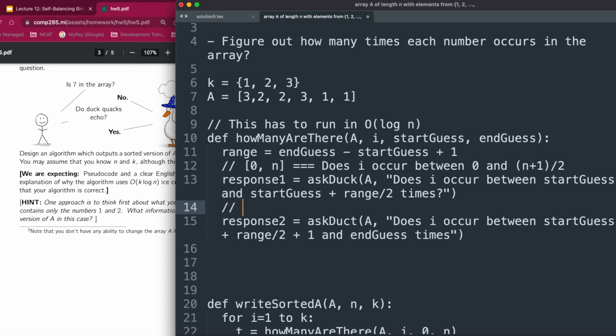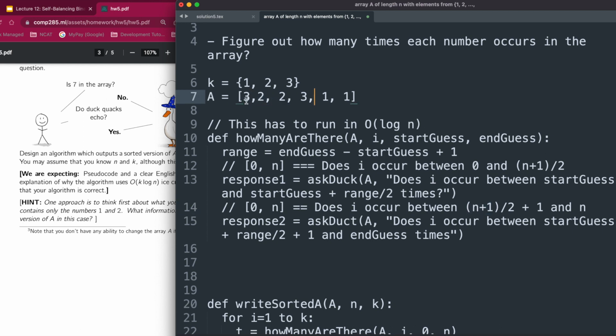So again, for our example, where we started with our guesses anywhere between 0 and n, this would ask, does I occur between n plus 1 divided by 2 plus 1, right? So we're not including this guess anymore. We're going to the next guess, and n, which is our nth guess.